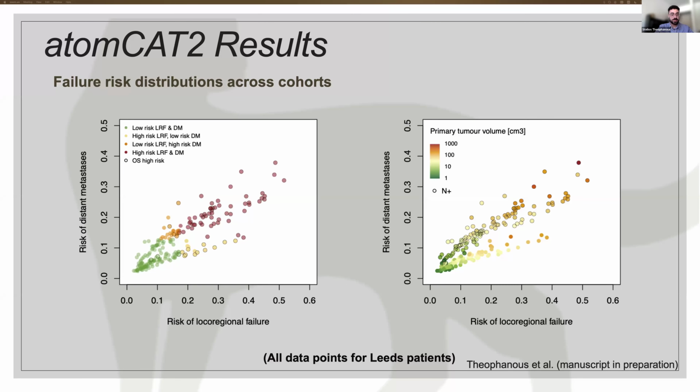In addition, we can explore the effect of different factors even further. So for example, in the graph on the right, we can see the effect of the primary tumor volume on both of the outcomes. And through this methodology, we can use our models to explore different treatment options for these subgroups of patients that we identify as a way of improving outcomes and, of course, improving care for our patients.